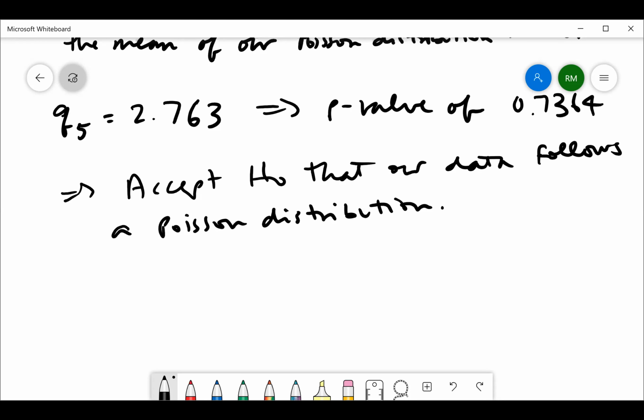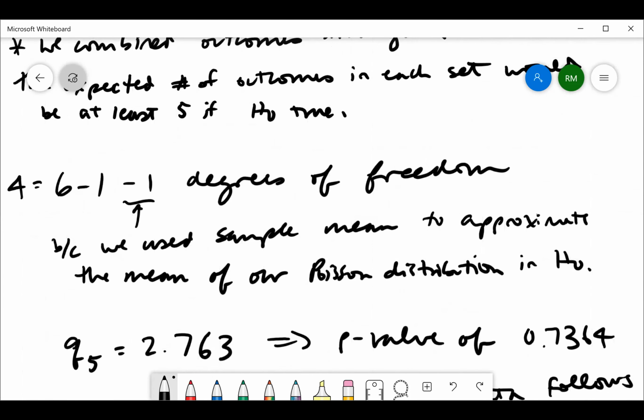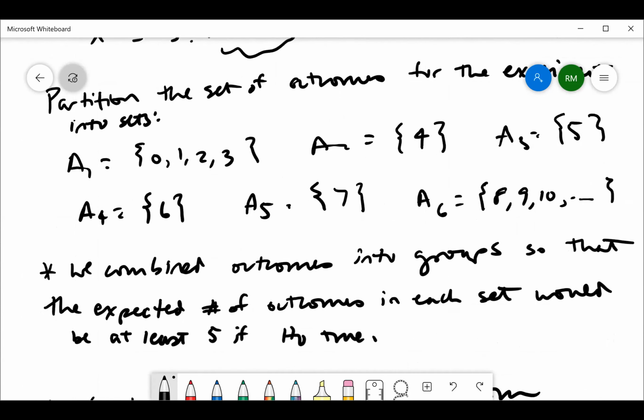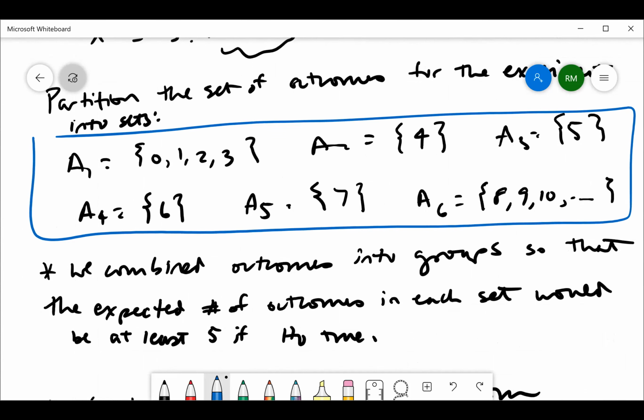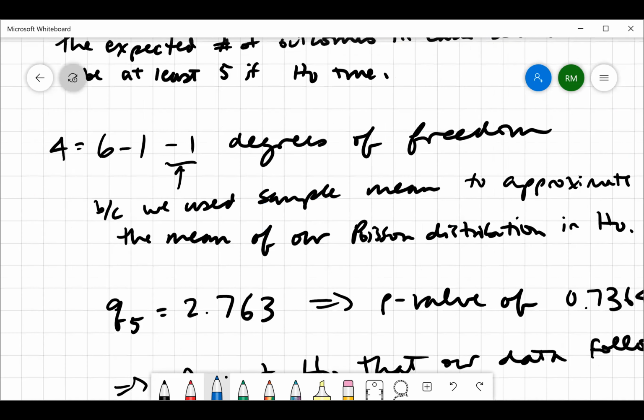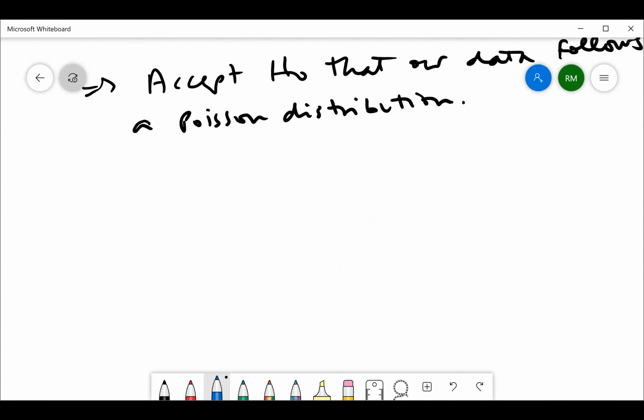So in the case of our Poisson distribution, when we are constructing these different possible groupings, we had a certain number of outcomes in each grouping. But now, for continuous variables, we're going to break up the range of all real numbers into different intervals, and those intervals will be our partition.